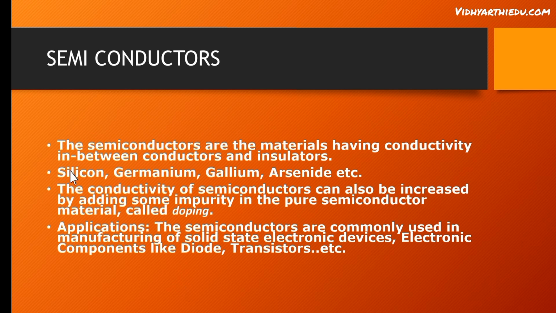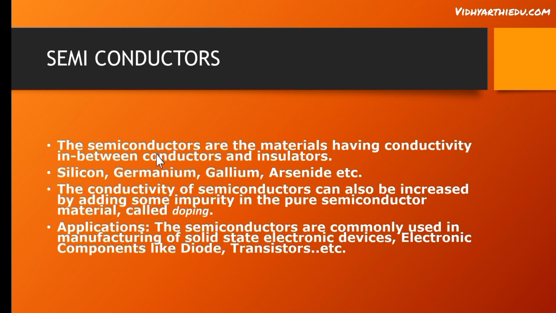Next, semiconductors. Semiconductors are the materials having conductivity in between conductors and insulators. So semiconductors are electronic components. Conductivity means the ability of a material to pass the electric current through it.